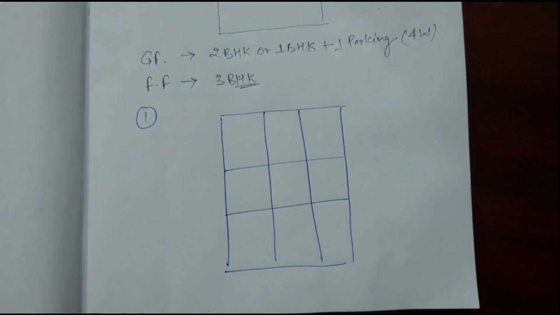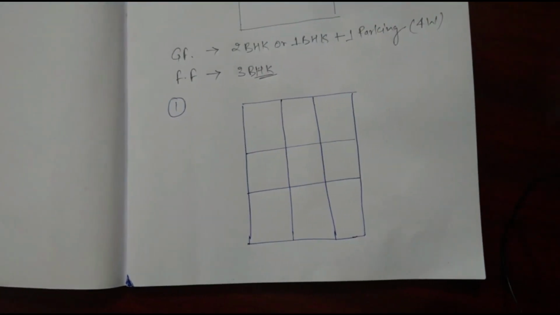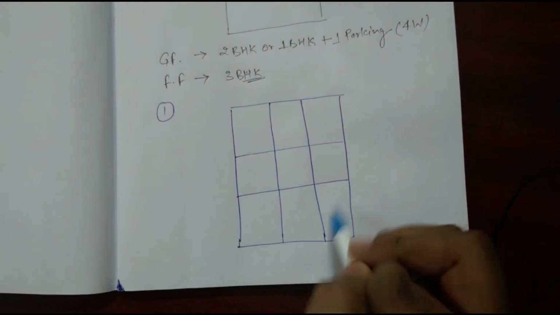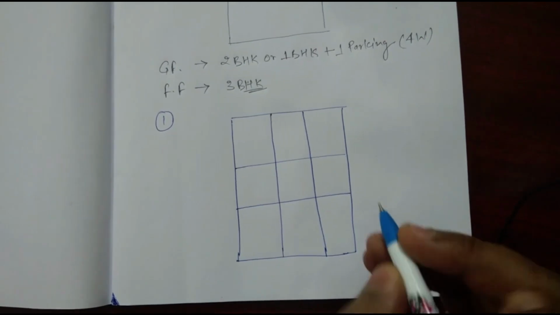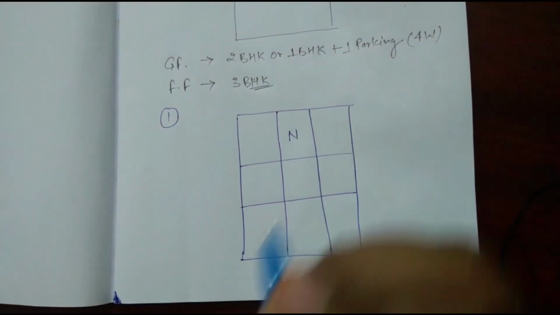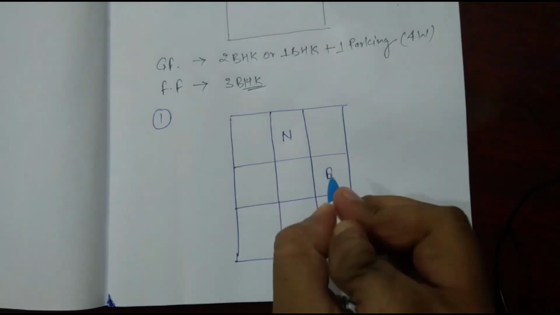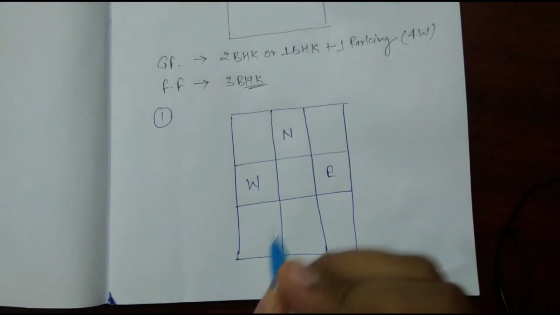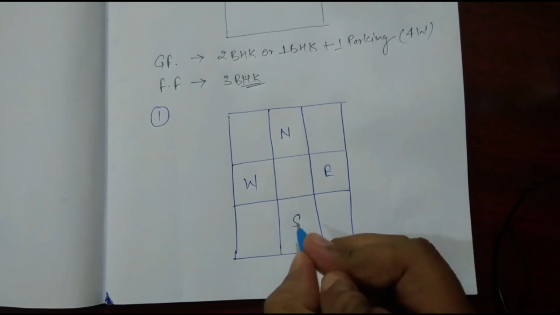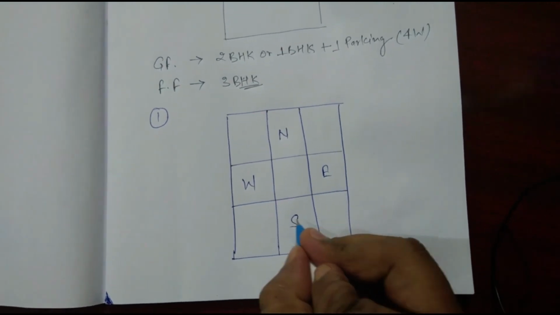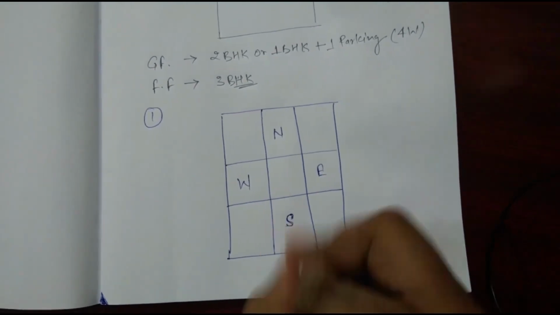We are doing this because we want to apply some basic principles of Vastu, as is done in India. So this is the north side, this is the east side, this is the west side, and this is the south side. These are the major directions.